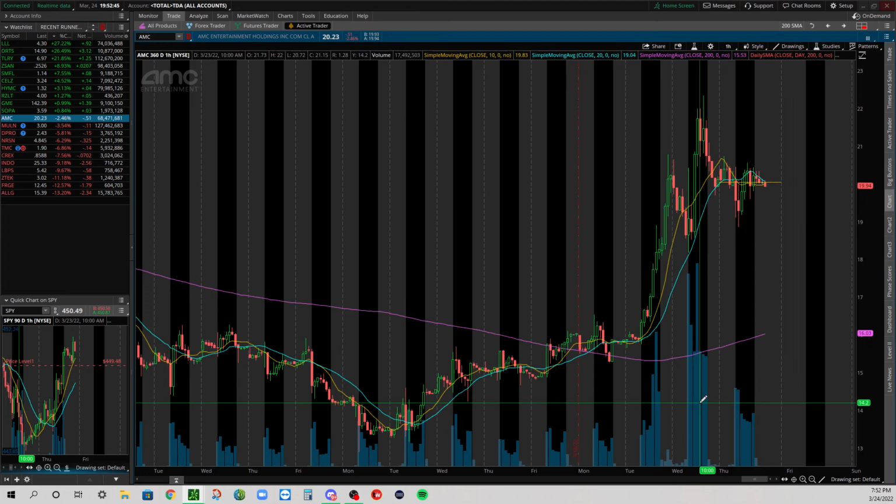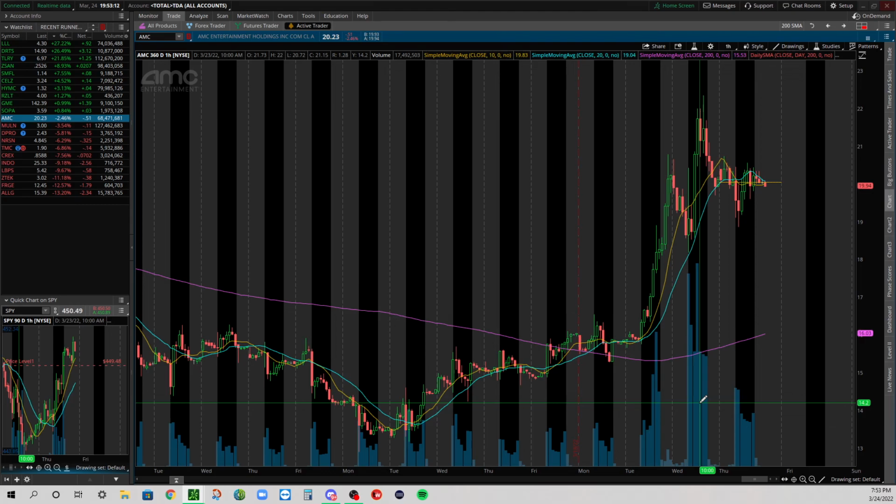So what I like to trade is a low float stock. A float is the available shares floating out there to the public that's available to trade in and out in the marketplace. There's also the shares outstanding, which is how much the company has all together as the shares in ownership, right?